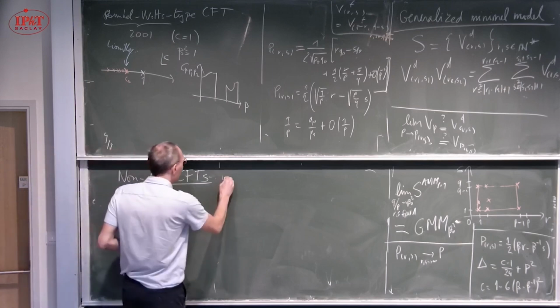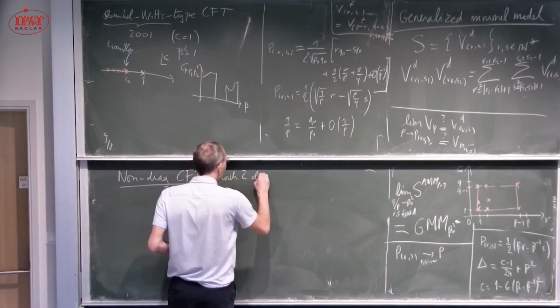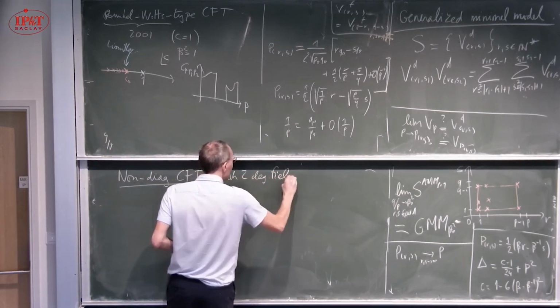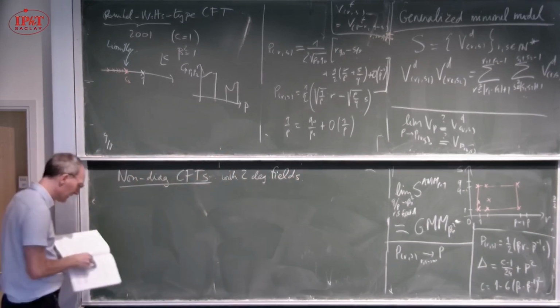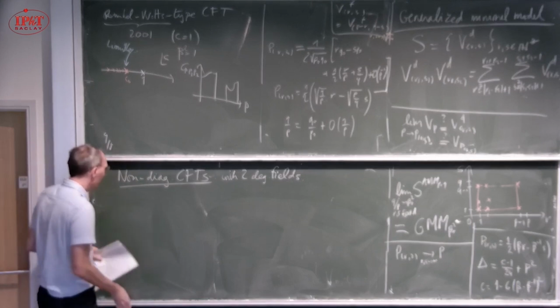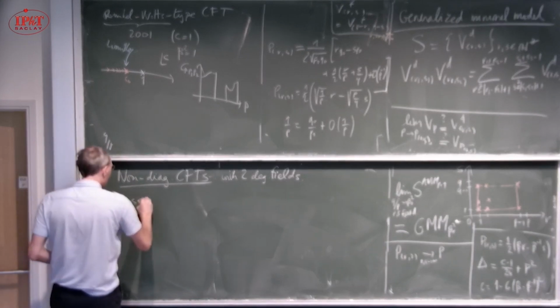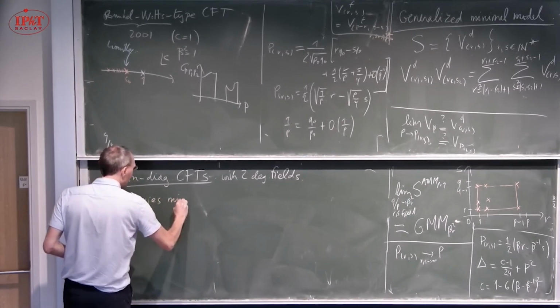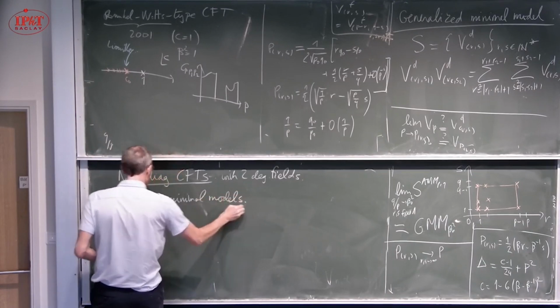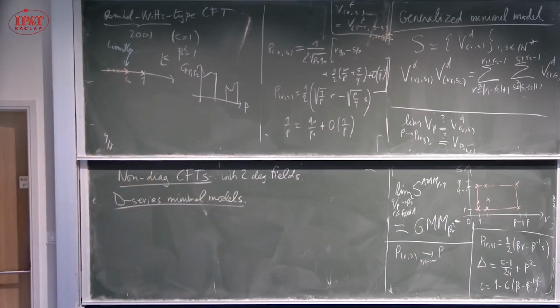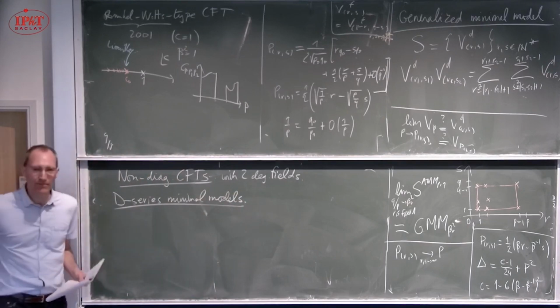Non-diagonal CFTs, now I'm still keeping two degenerate fields. So the first one is D-series minimal models. So we want to build rational non-diagonal CFT.